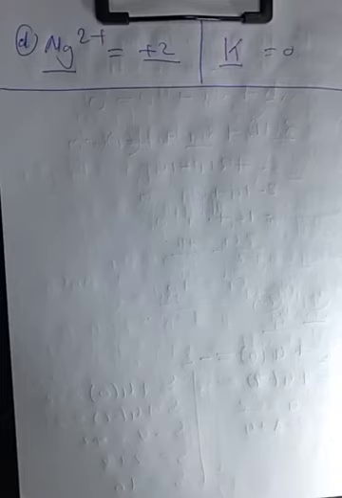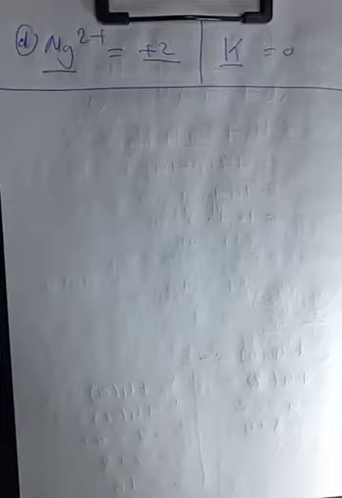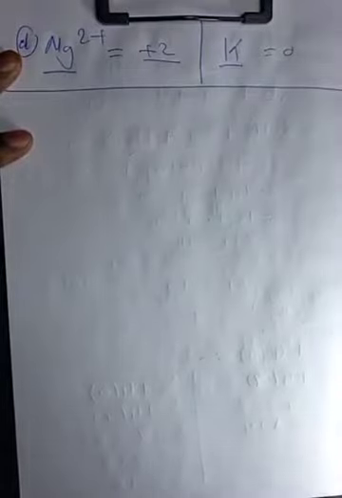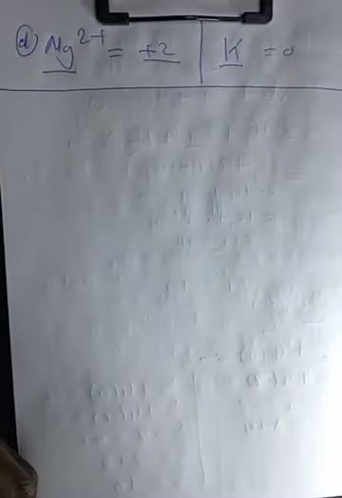Okay, let's now proceed to the next concept. Remember our main thing was that we need to do balancing of redox reactions. That was the main case. But we can't go for balancing without this concept.